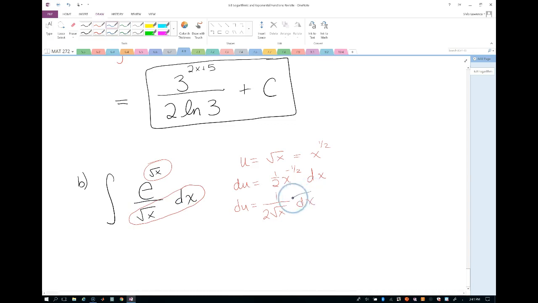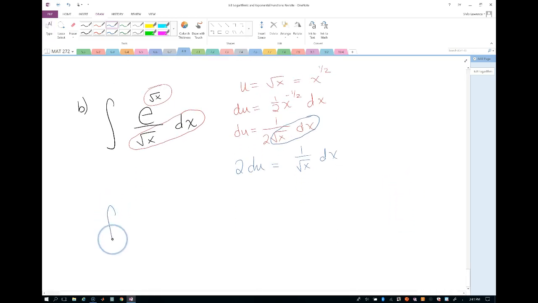So that root x in the denominator dx, we can substitute them just as a chunk. We don't need the 2 though, so I'm going to multiply that 2 over since it's in the denominator right now. So 2 du can replace that 1 over root x dx we have there.